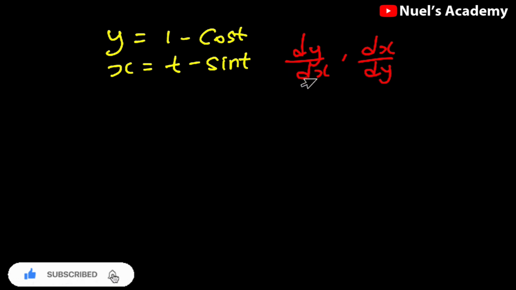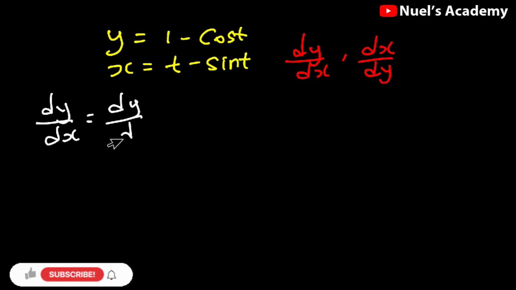Now first, to find dy/dx, we're going to differentiate the first function. By the way, I want you to pause this video and try this question out, to see if you're going to get it. Then after trying, you unpause it and watch the solution. So we're going to have dy/dt divided by dx/dt.